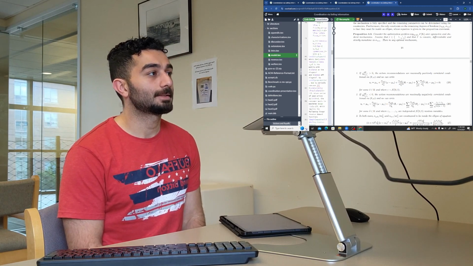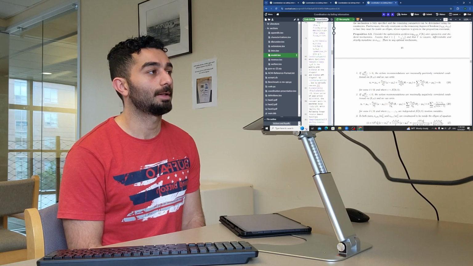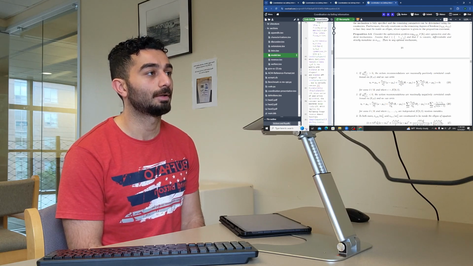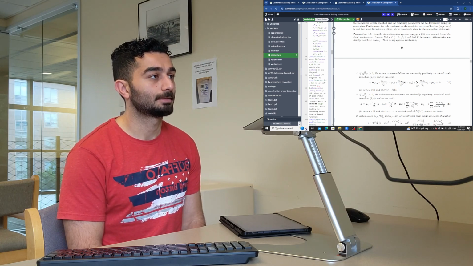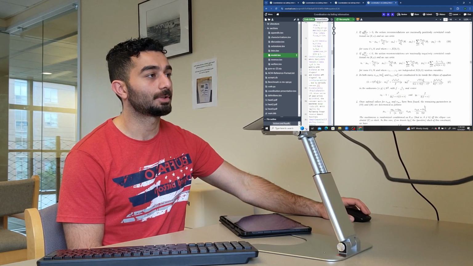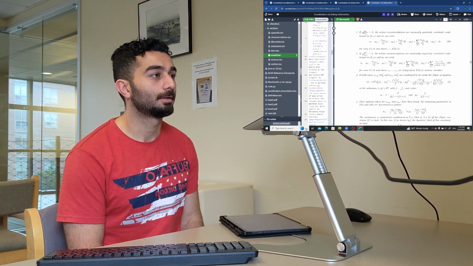The direction is to recommend maximally positively correlated conditional on theta omega, and we can write this for some delta. And then we have the ellipse equation where x and y are there.